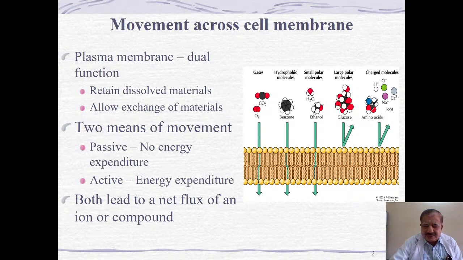They are hydrophobic and hydrophilic. Now, as you see, gases such as oxygen, carbon dioxide, and nitrogen, and alcohol, can pass through the cell membrane very easily. Without any disturbance, they can flow inside.